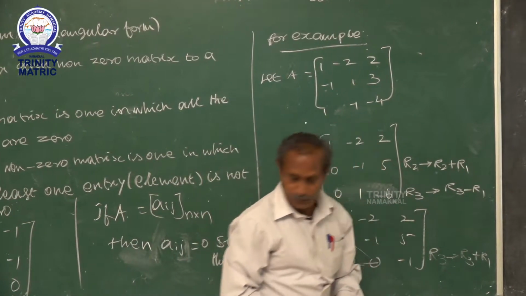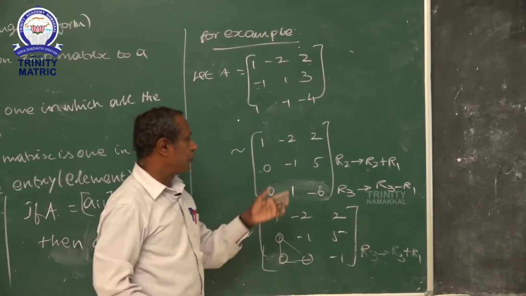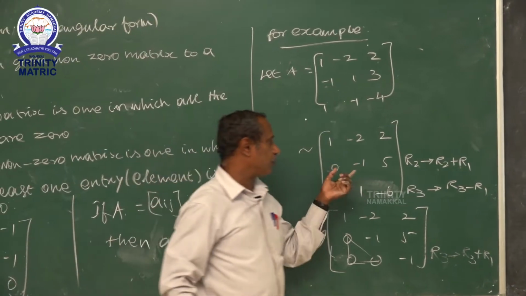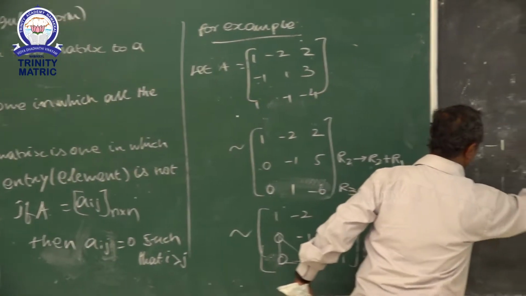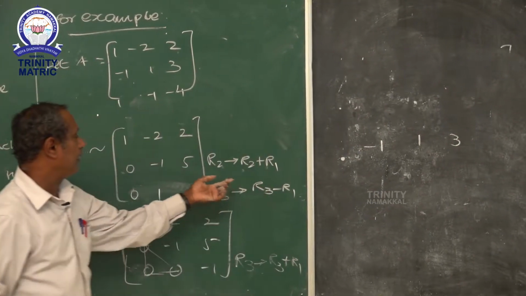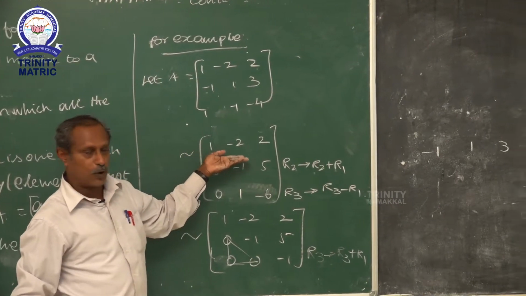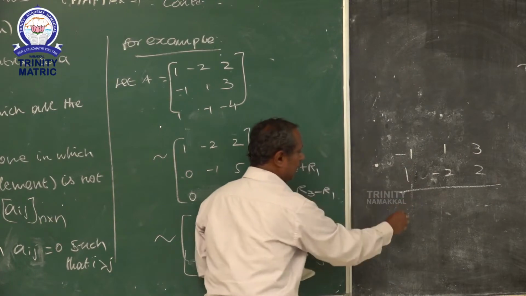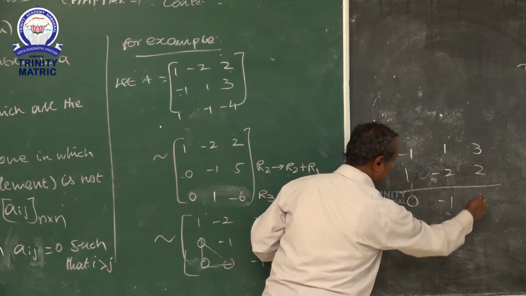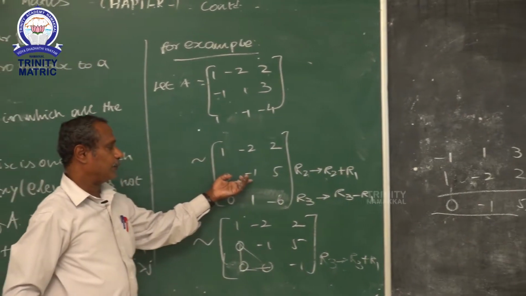Write first what we have in the row we want to change: minus 1, 1, 3. Then take the row you are adding, the first row: 1, minus 2, 2. Adding these two, we get 0, minus 1, 5. So this goes in the second row.